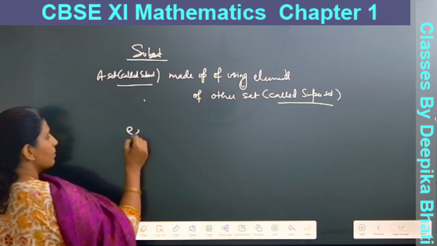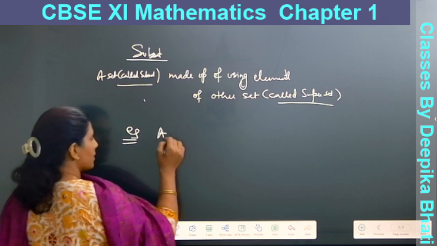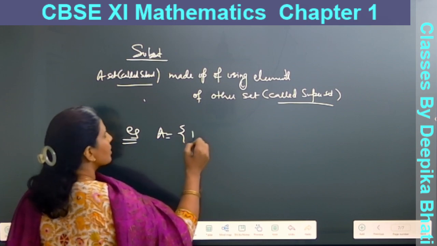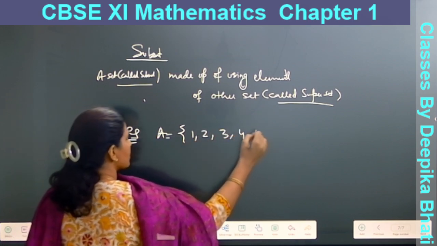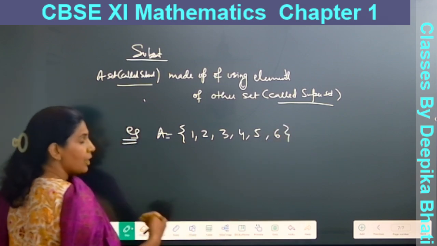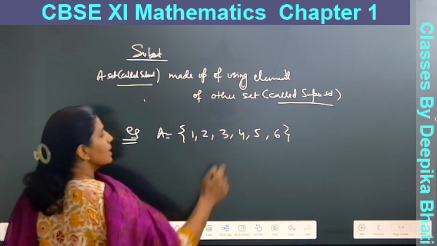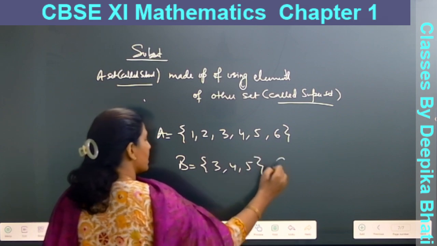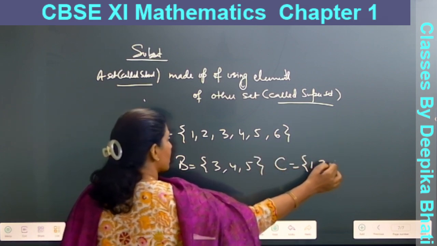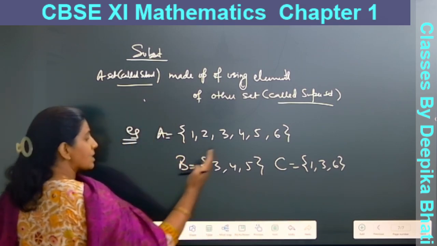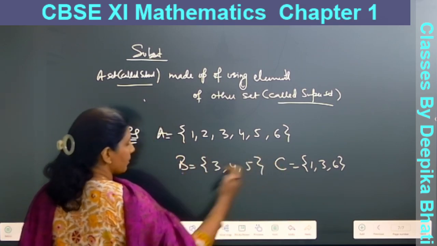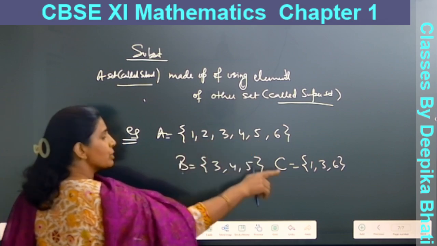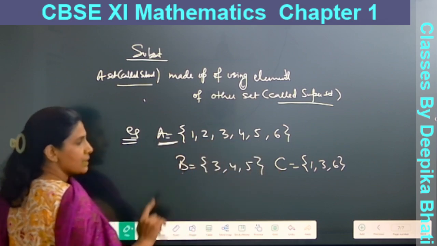For example, I have a set A. Both are sets no doubt, but which one is the superset and which one is the subset, you need to decide. Suppose I have set A like this, and I need to form some other sets using these elements, say set B is 3, 4, 5, and say C is 1, 3, 6. So these two sets B and C are subsets of A, and for these two sets A is called a superset.